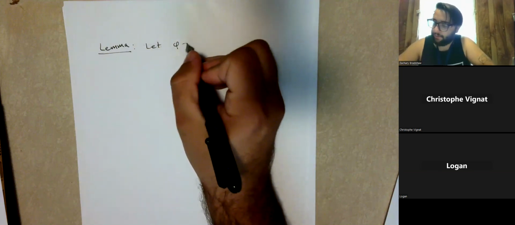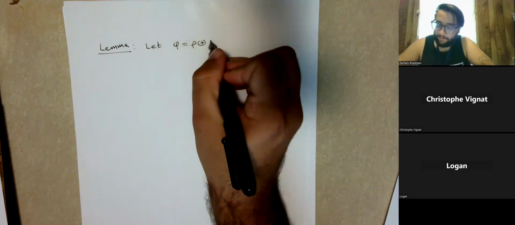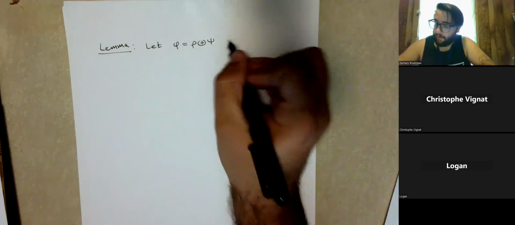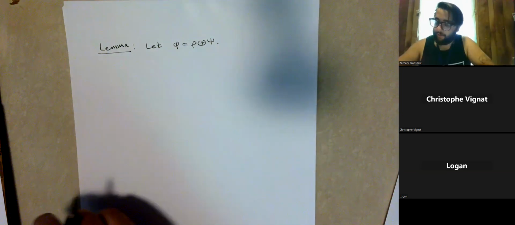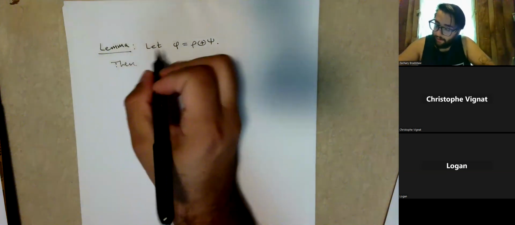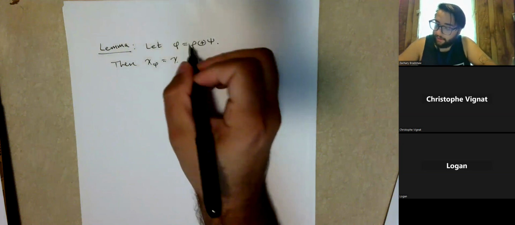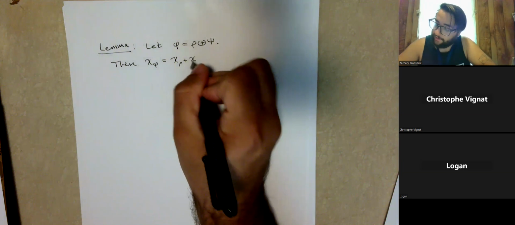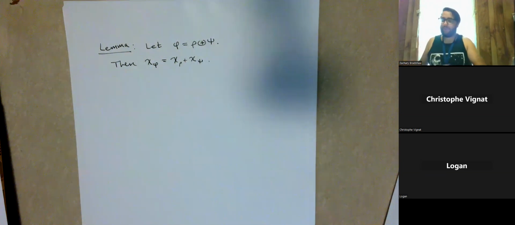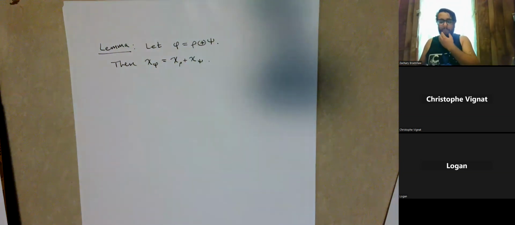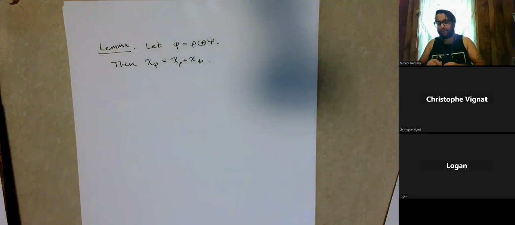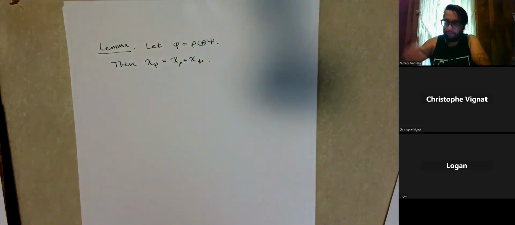Let phi be equal to rho direct sum with psi. Then chi phi is equal to chi rho plus chi psi. So the character of a direct sum is equal to the sum of the characters of the individual pieces.